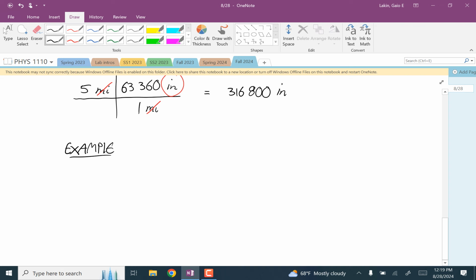So let's say we want to convert 61 miles per hour, which means miles over hours, to meters per second.